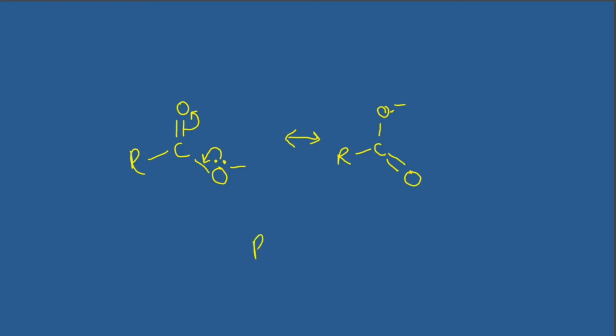So we sometimes draw this as COO, with the negative charge delocalized around the carbonyl group like that. This really terrible drawing here is a negative charge. So this is stabilized, and these do hang around a little bit.